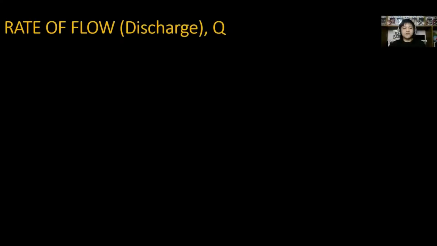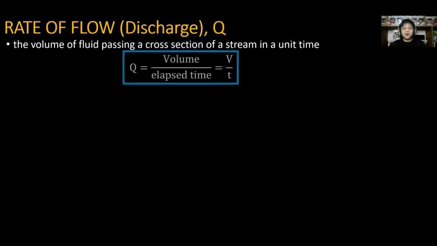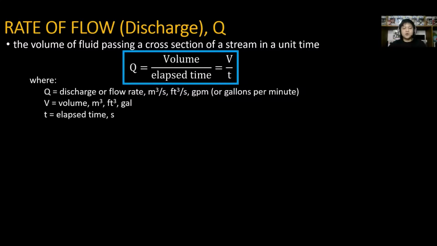Next is the rate of flow or discharge, represented with capital Q. The volume of fluid passing a cross-section of a stream in a unit time. In formula, Q is equal to the volume V over time T. For its units, it is either cubic meter per second, cubic feet per second, or GPM, the gallons per minute.